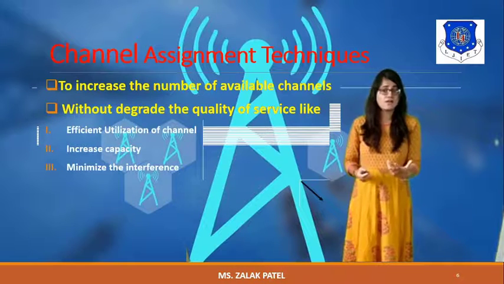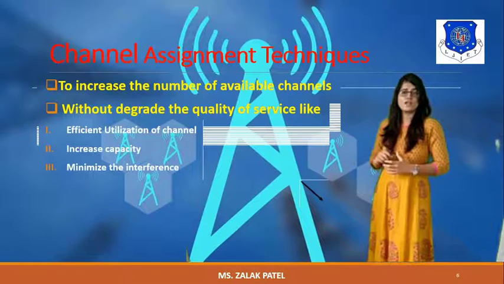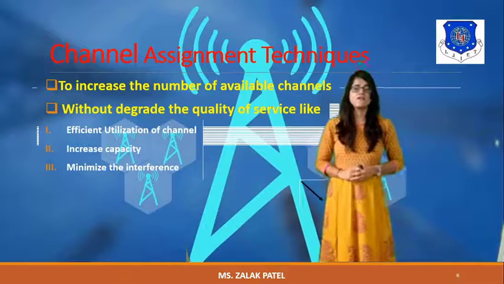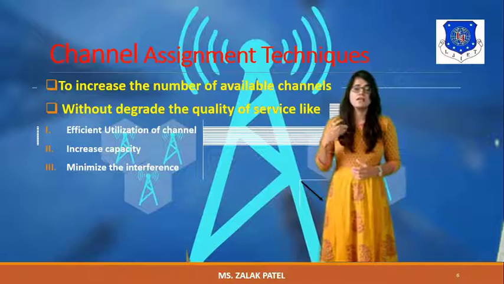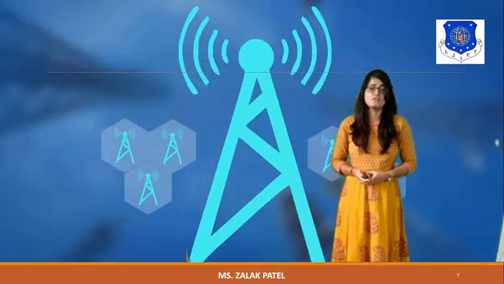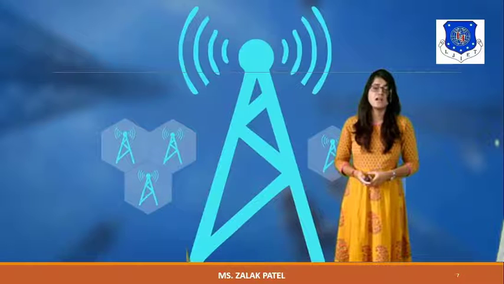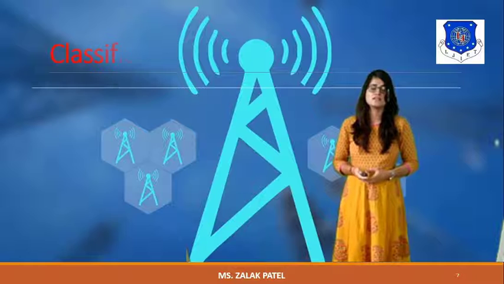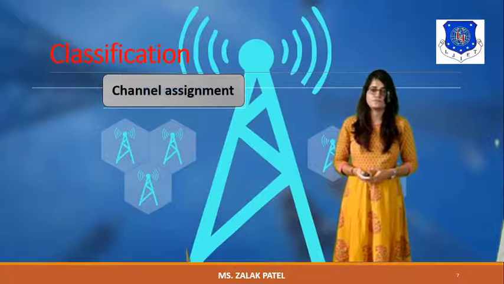Now what is that quality of service? These are the list: efficient utilization of channels, increasing the capacity and minimizing the interference. Means the main concept of channel assignment is to minimize the interference ratio and increase the quality of service.